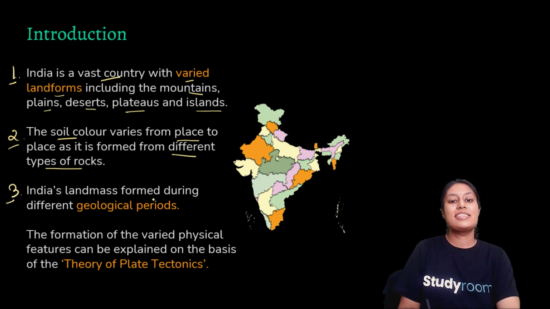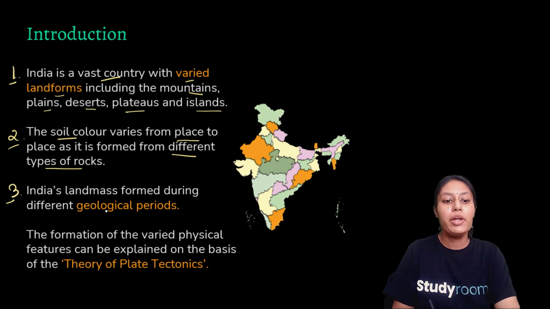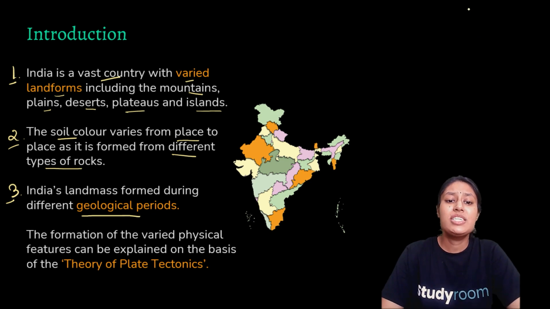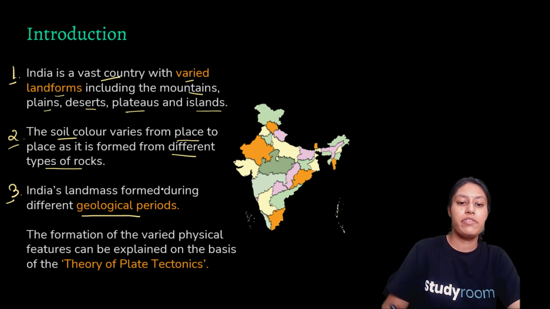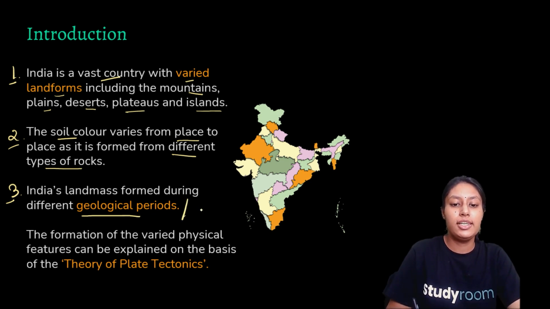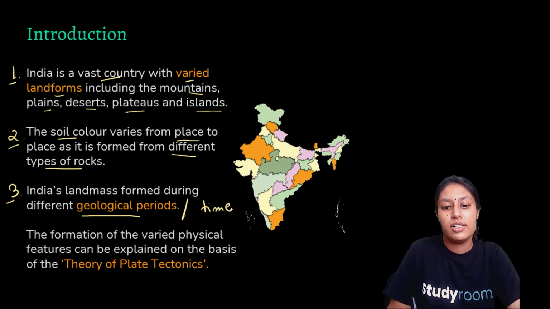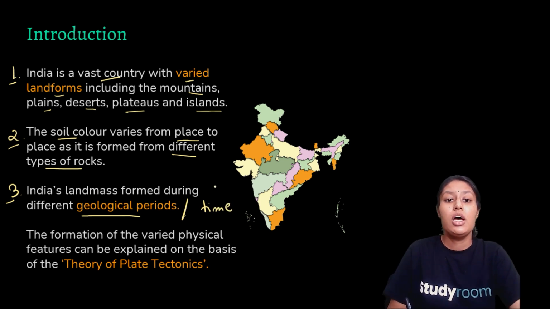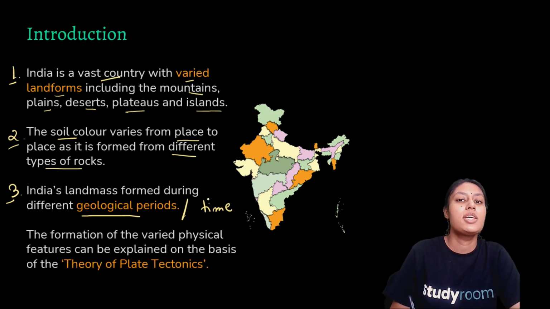Third is that India's landmass was formed during geological periods. Geological period is basically referred to as geological time. Geological time is a unit of time during which a system of rock was formed.